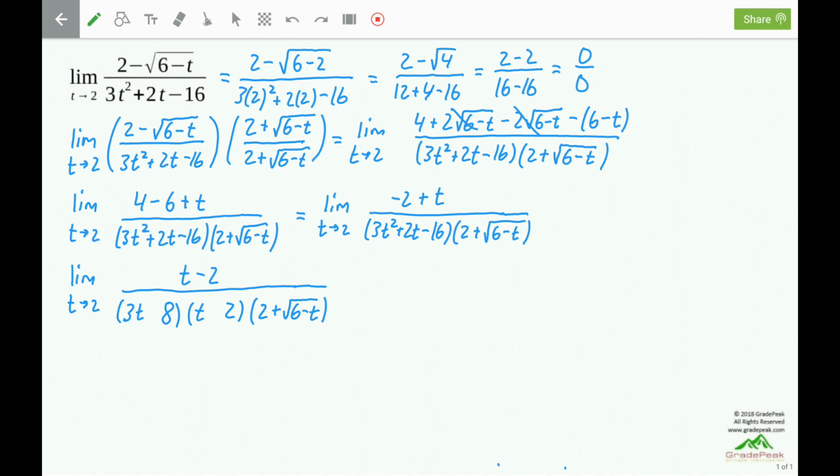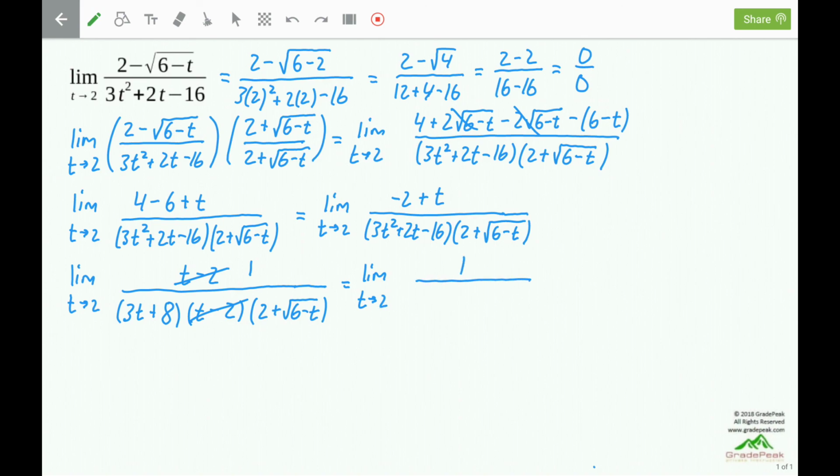And since we want positive 2t, we're going to want that to be a negative 6t and a positive 8t. And as expected, we ended up with a t minus 2 as one of the factors, since t going to 2 was making a 0 over 0, and those two factors can now cancel, which will have eliminated the 0 over 0 indeterminate form.